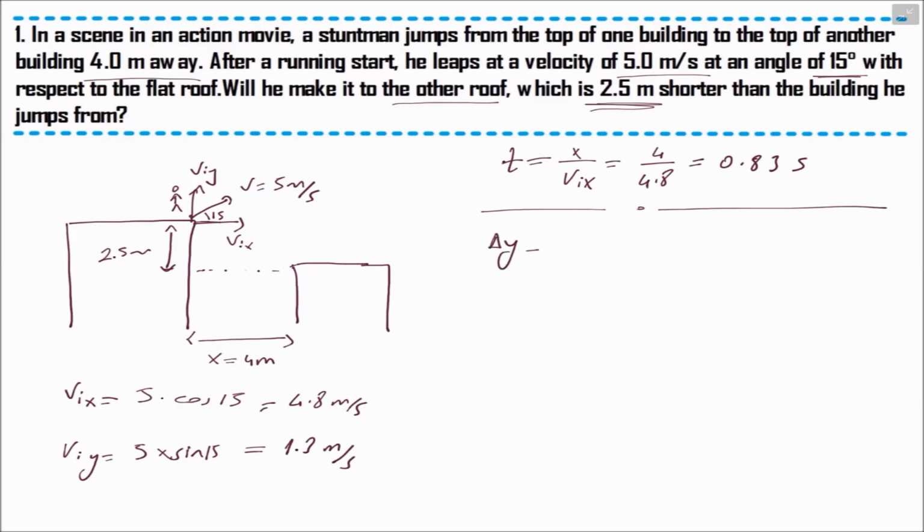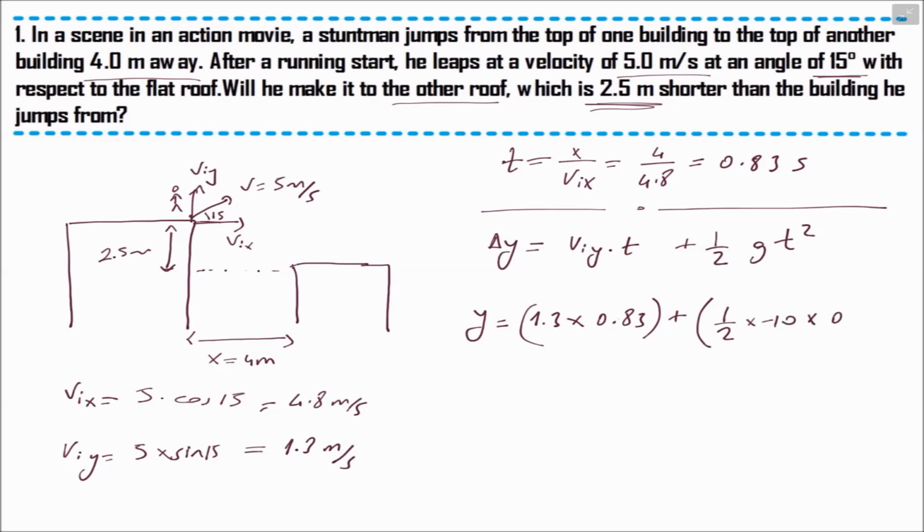And then we have to calculate delta y. Delta y equals v initial y times t plus half g t squared. And y equals v initial y, which is 1.3, times the time 0.83 seconds, plus half times negative 10 times 0.83 squared.